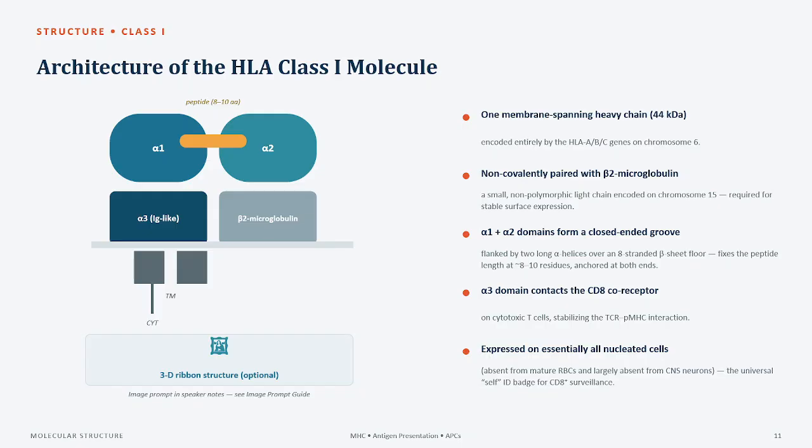This molecule is expressed in essentially all nucleated cells, where it serves as the universal self ID badge for CD8 plus T cell surveillance, and it is notably absent from mature red blood cells and largely absent from central nervous system neurons.